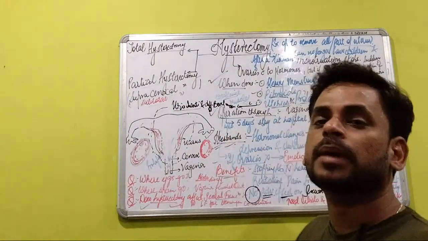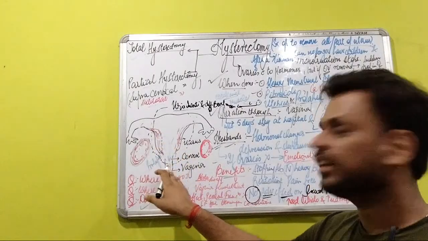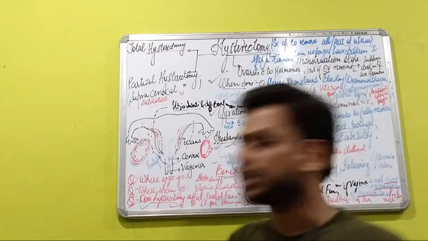So the sperms won't travel anywhere; they will just lie within the cervical and vaginal region, and will be flushed out through the normal vaginal secretions.